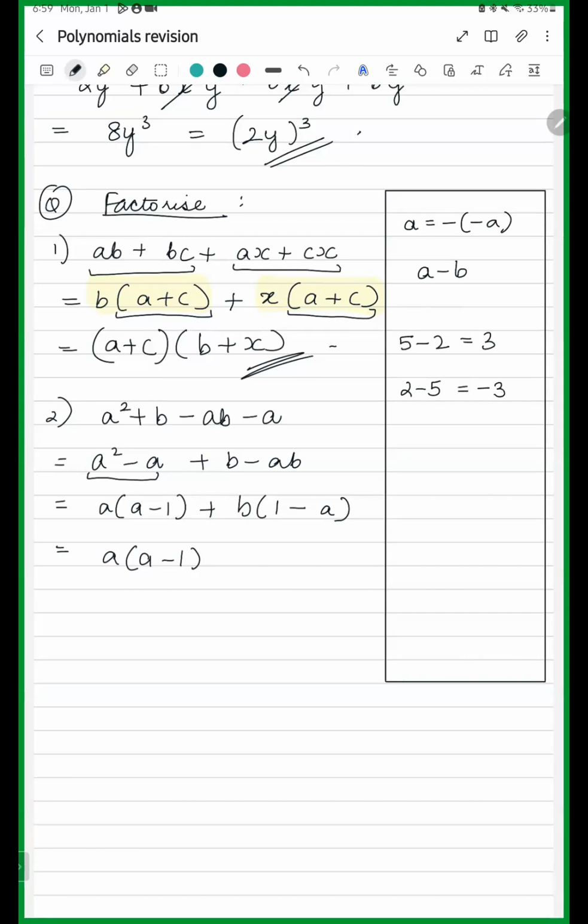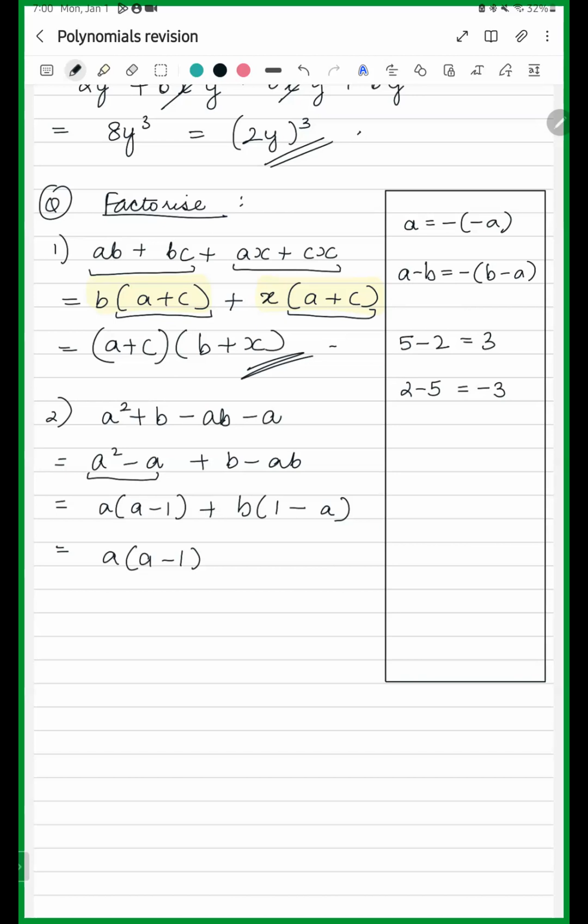So the negative of A minus B is B minus A, no matter whether A and B are positive or negative integers. So let me write this again: A minus B can be written as negative of B minus A.